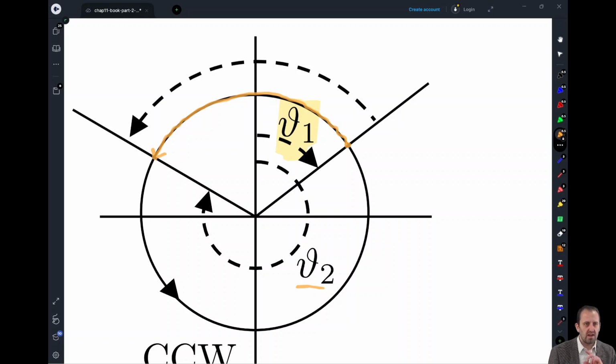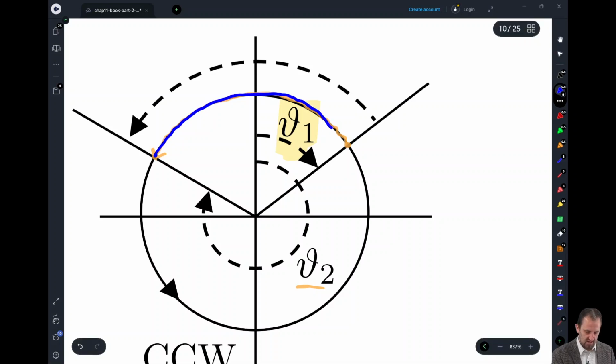Now, if we look at the arc length, because we just want a positive arc length to calculate our distance, we're not doing a negative distance. So the arc length is the same as if we started at theta 2 and did a positive rotation to theta 1.